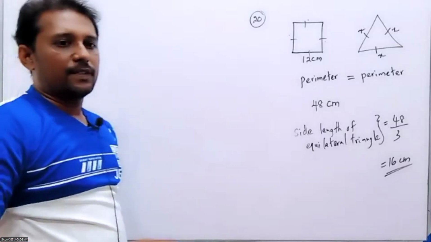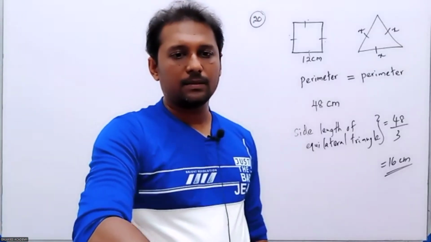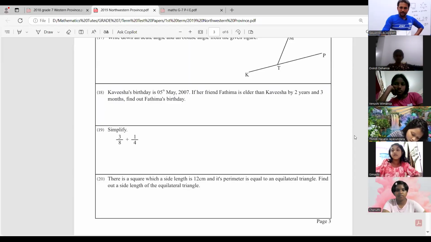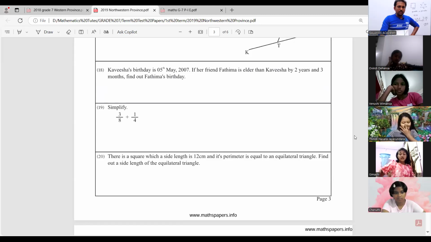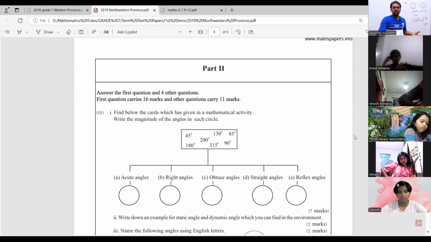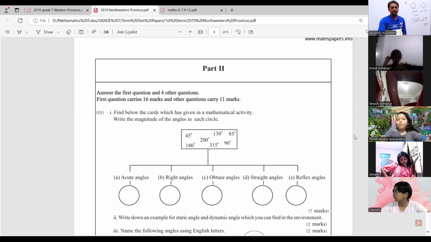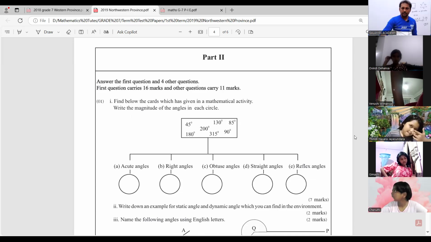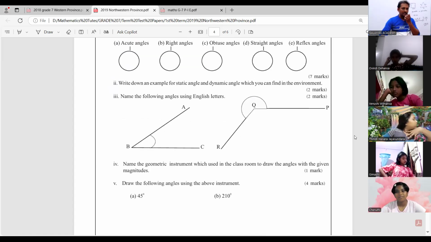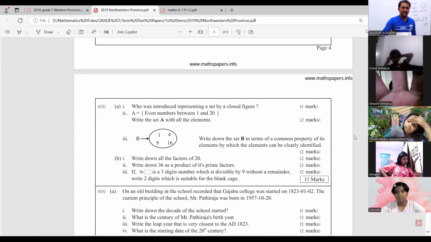Right. The second part of this question paper. Look at the second part. For your term test, you can follow the instructions, okay? But this is not a test now, right? This is a revision part using the past paper. So we have to discuss all questions. Look at the first question, given from the angles. The second question is from sets and also factors and multiples.